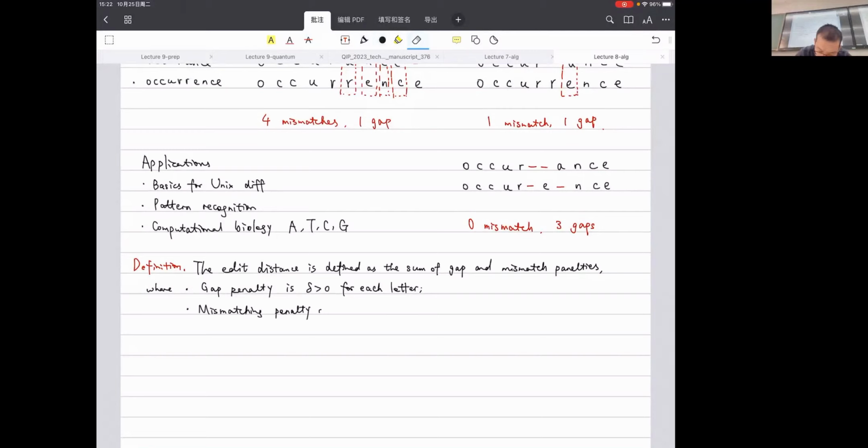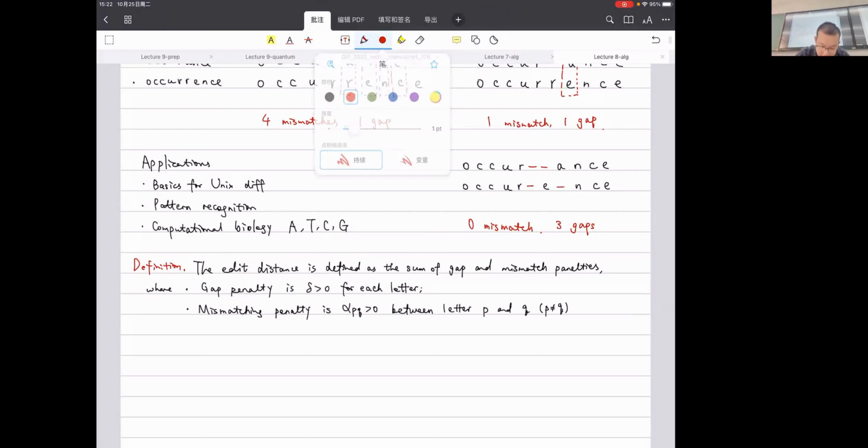I think we can be a little bit cautious here: in general, we can call the mismatching penalty a function alpha PQ larger than 0, where we consider the mismatching between letter P and letter Q. Of course, saying this is a mismatch must mean that P is not equal to Q, otherwise we can just say alpha PP equals 0 for arbitrary P.